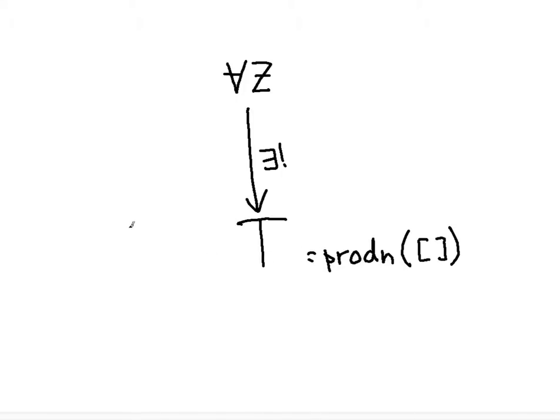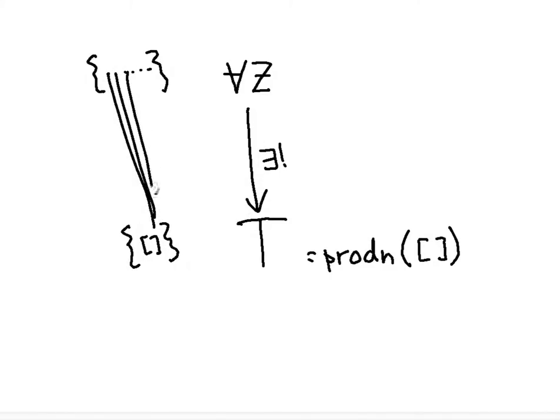So if I drew this using set notation, in this set there's a unique object that I denote with brackets, and in this set Z there's a whole bunch of objects, and the only thing you can possibly do where the output of this function passes that contract is map all of these inputs to the very same output.